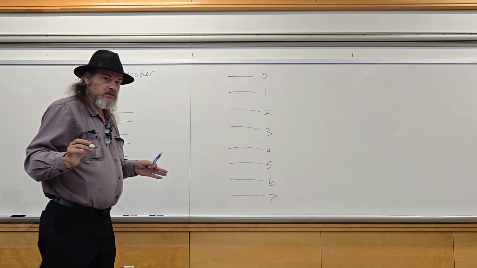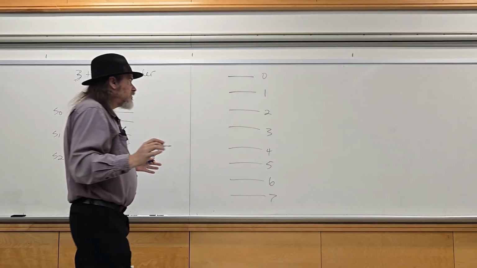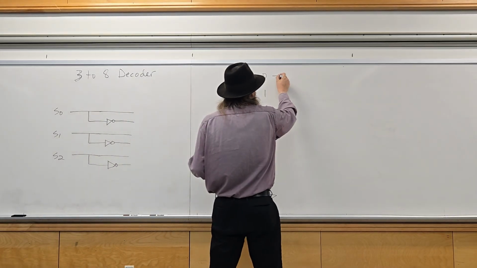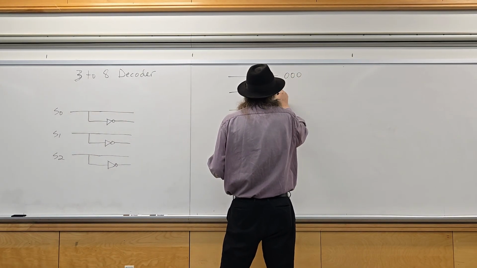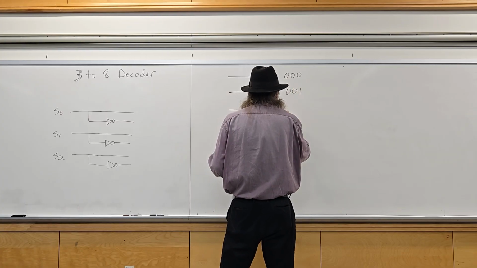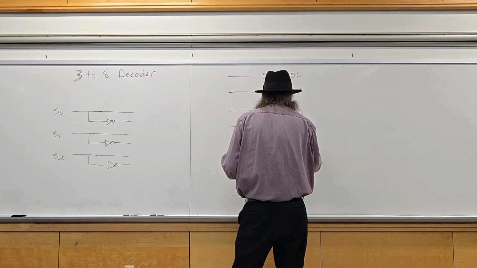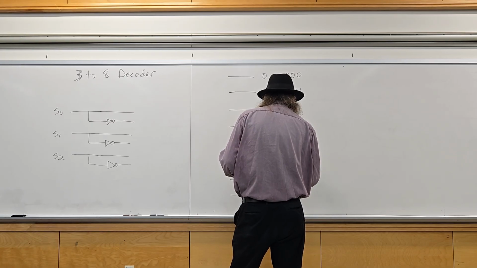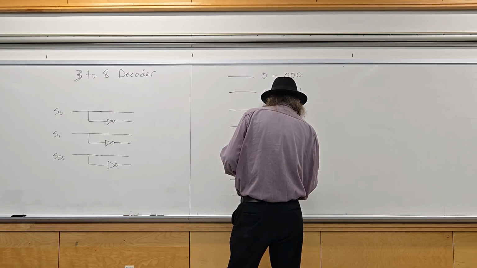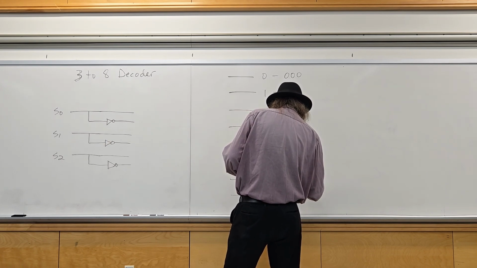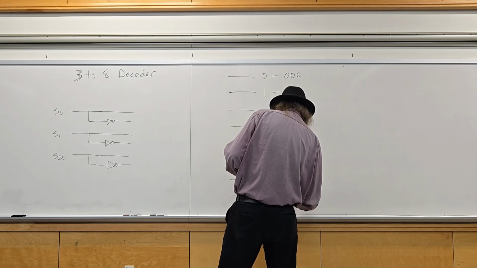Now in binary, those are 0, 0, 0, 0, 0, 1, 0, 1, 0, 0, 1, 1, 1, 0, 0, 1, 0, 1, 1, 1, 0, and 1, 1, 1.